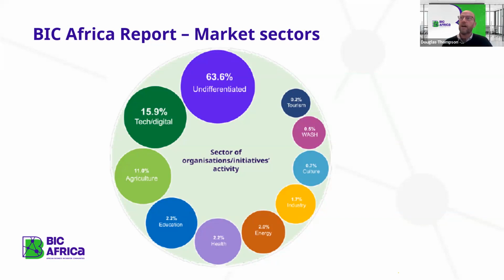I think that shows a very important aspect of the incubators we're looking at, moving to very focused, very value-added type sectors. We also have education, health, energy, etc. But these were a much smaller percentage of the sector-based focus of the organizations' and initiatives' activity.